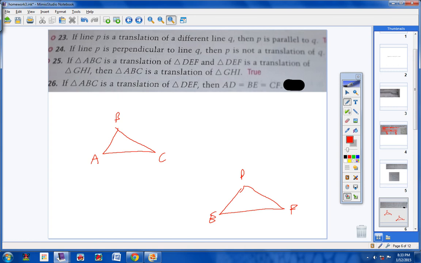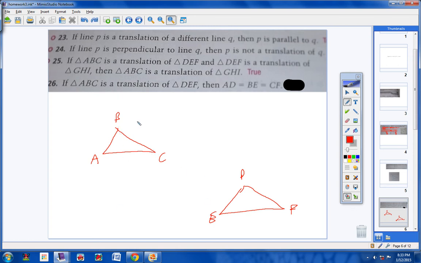Come on, guys, we've talked about this already. If C went down, I don't know, down 5 units and over 8, then that means A went down 5 units and over 8. And that also means B went down 5 units and over 8. We just talked about that. All the vertices here, here, and here move the same distances.